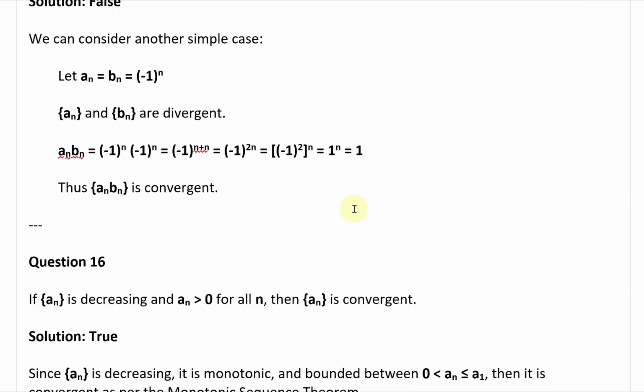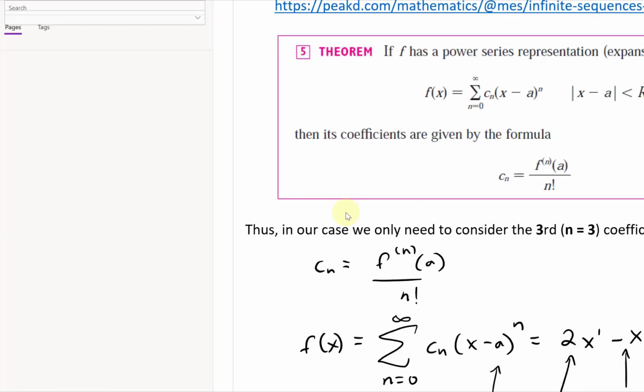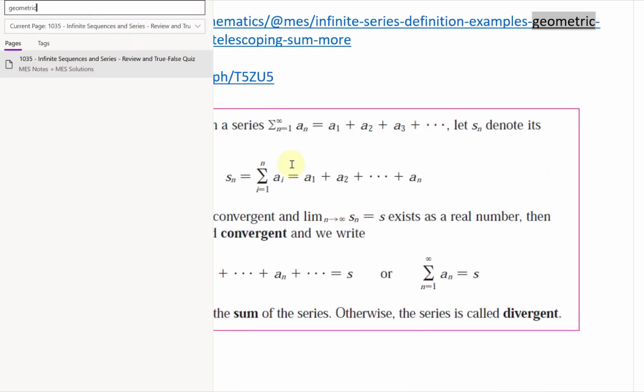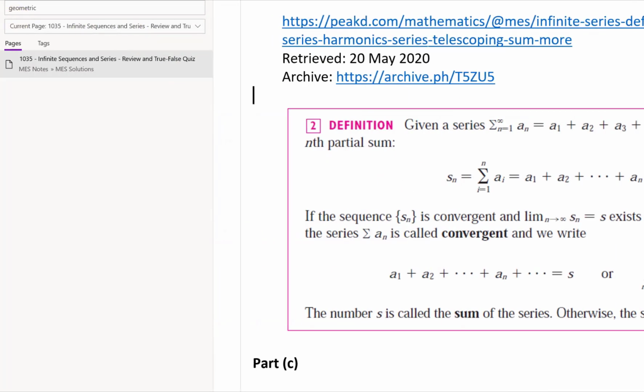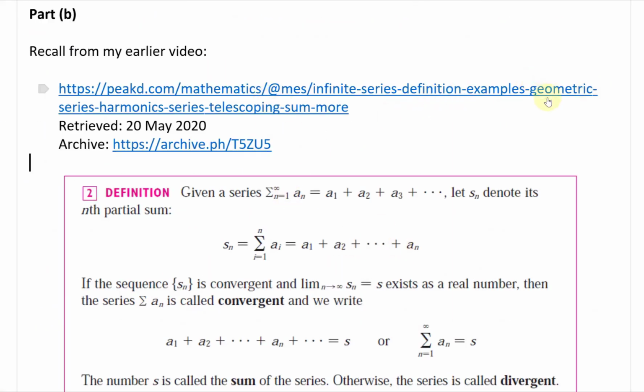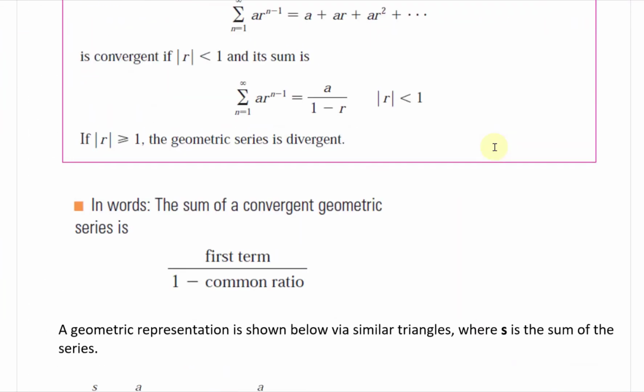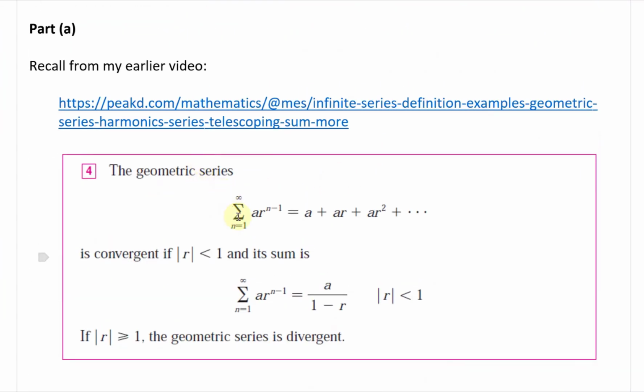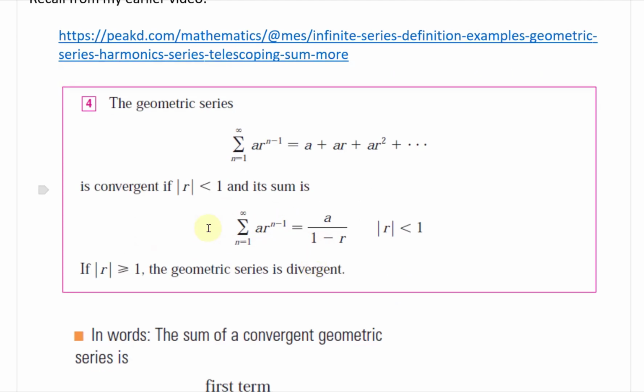If we recall, the geometric series, the summation from n equals 1 to infinity of a r to the n minus 1, equals a plus ar plus ar squared, etc. It is convergent if the absolute value of r is less than 1, and its sum is a, the first term, divided by 1 minus r.